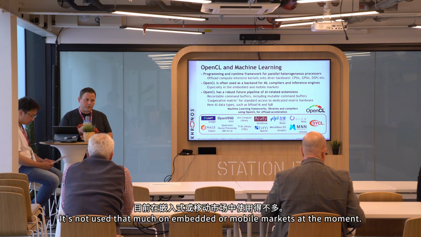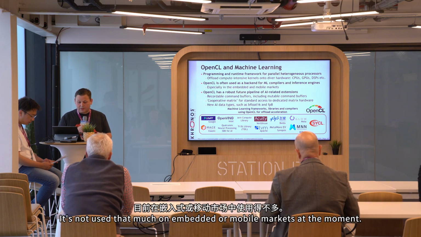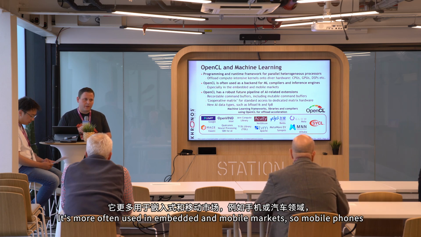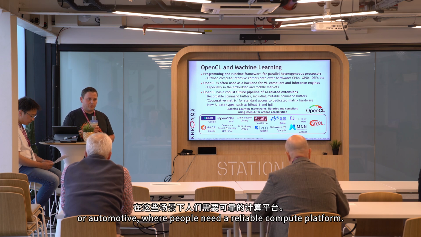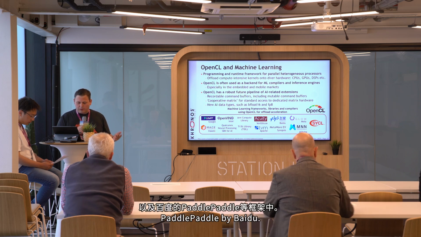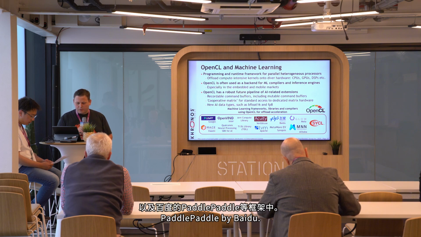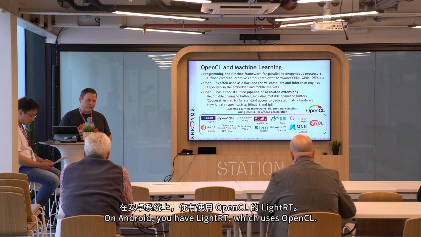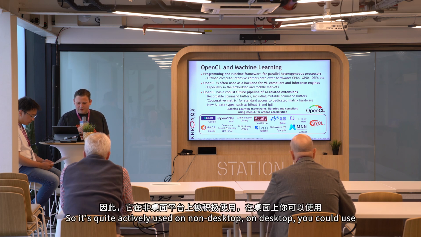It's more often used in embedded and mobile markets, so mobile phones or automotive, where people need a reliable compute platform. And it's also integrated in frameworks like Glow or MNN from Alibaba, Paddle by Baidu. There's a TVM Apache implementation. On Android, you have LiteRT, which uses OpenCL. So it's quite actively used on non-desktop.